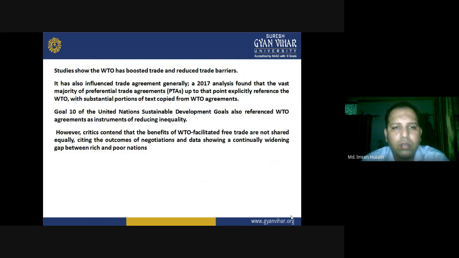Goal 10 of the United Nations Sustainable Development Goals also referenced WTO agreements as instruments of reducing inequality. However, critics contended that the benefits of WTO-facilitated free trade are not shared equally, citing the outcomes of negotiation and data showing a continually widening gap between rich and poor nations.